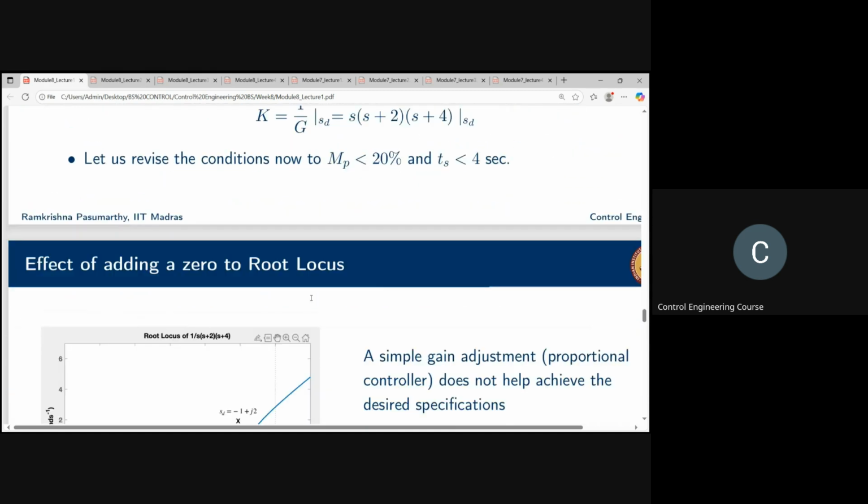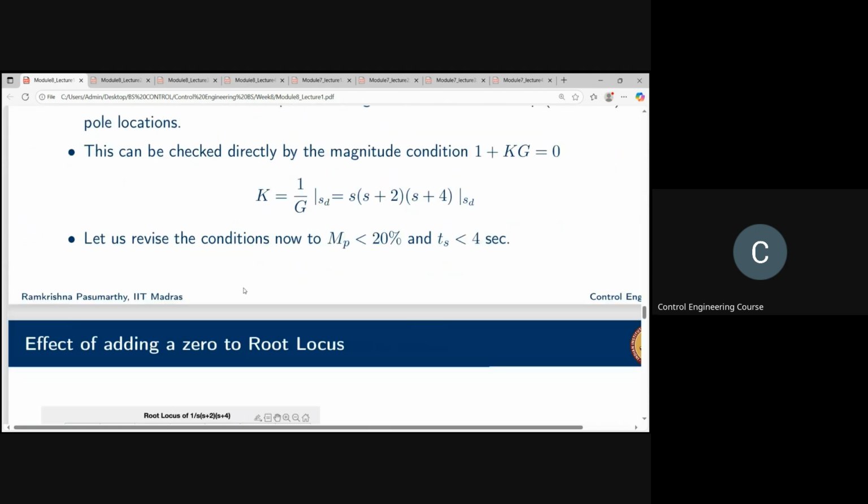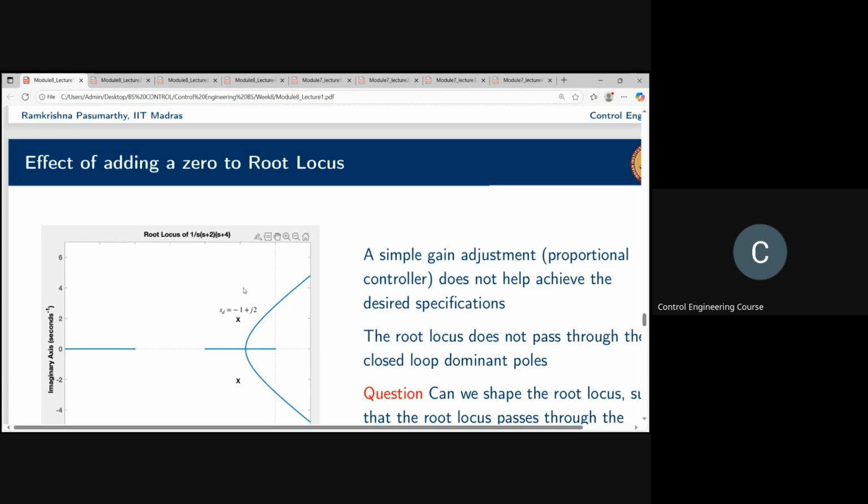Here they are just giving a simple example of minus 1 plus j2. But it turns out the root locus avoids this trapezium. No matter what gain you choose, the entire plot doesn't pass through this trapezium region. Can you get it?